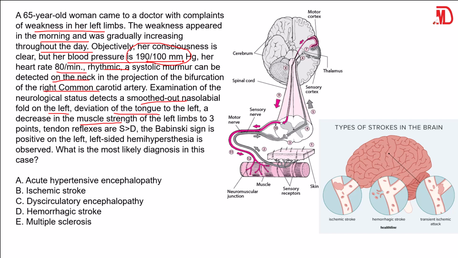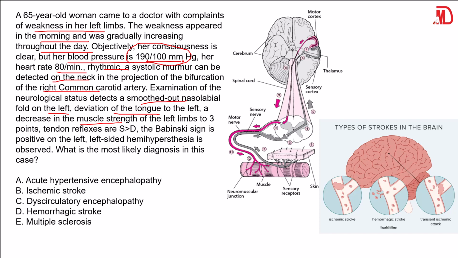Now, from the diagram or from this question, there is no history of trauma, which means that I can easily rule out hemorrhagic stroke. Of course, we have already ruled out hypertensive encephalopathy, isn't it? So now I can also easily rule out hemorrhagic stroke. That leaves me with ischemic stroke.